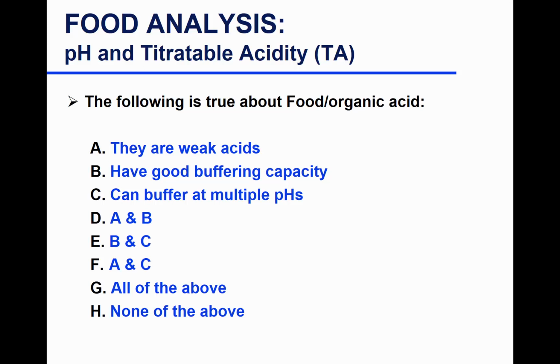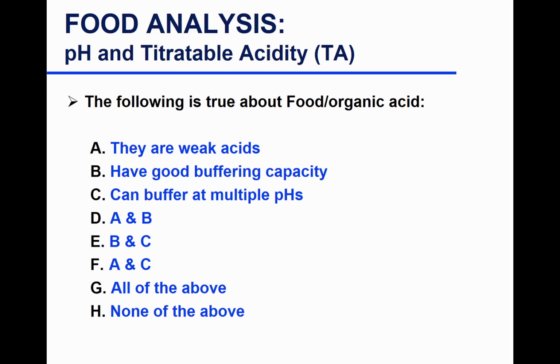So for buffering, your COOH or carboxyl group is going to give a proton. If you have 3 carboxyls or 1 carboxyl, you're going to have 3 different dissociation factors versus 1. So you will have 3 pKa's to 1 pKa, right?